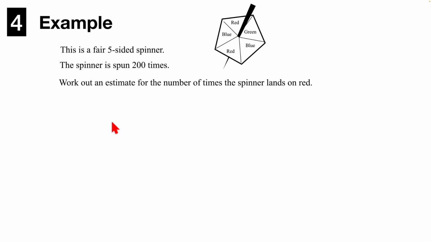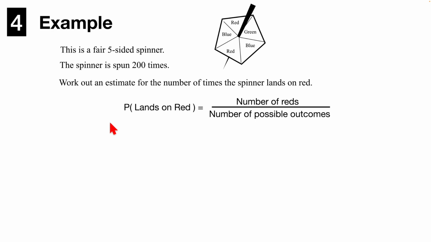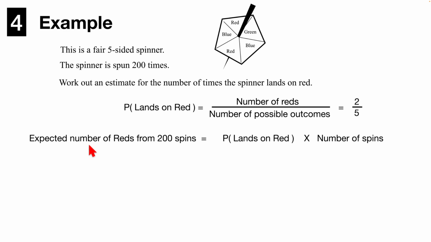It can arrive on any of those 5 sides, and 2 give us a red. So the probability it lands on red is the number of reds over the number of possible outcomes, 2 over 5. The expected number of reds from 200 spins, therefore, is the probability of a red on a single spin times the number of spins: 2 over 5 times 200, 80.